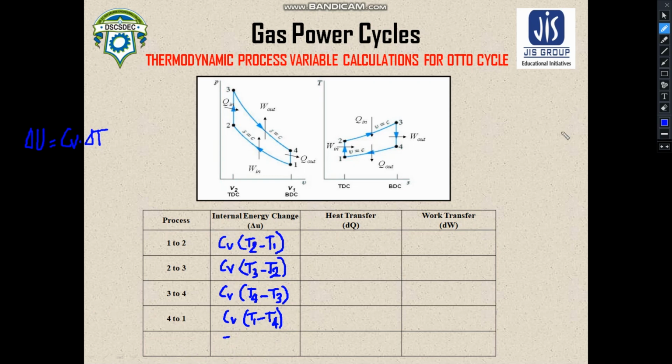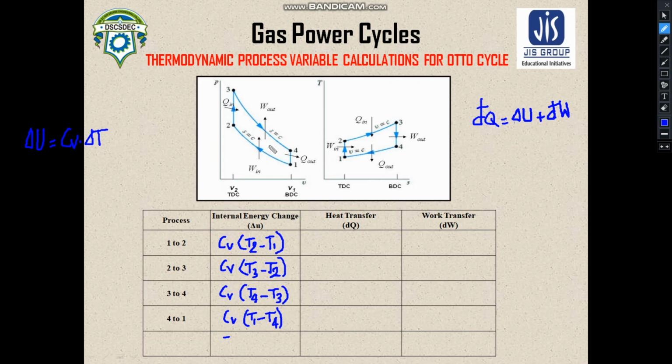Now we know this is our fundamental equation, the first law of thermodynamics: dq is equal to delta u plus dw. Better to write delta u so that no confusion can arise. Now if you apply the first law of thermodynamics for process 1 to 2, it is an isentropic process.